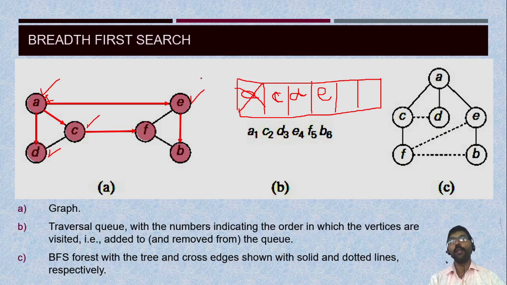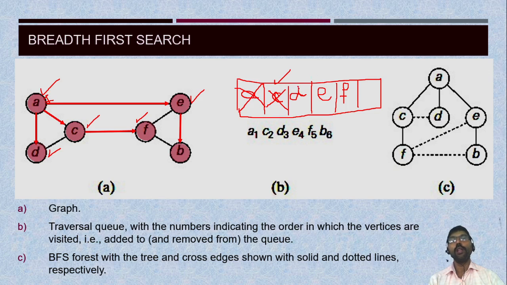Then I take the next node C and find the adjacent nodes for C. The adjacent node for C is only F. So I mark it visited and add that node to the queue. There are no more nodes for C, so I remove it from the queue.